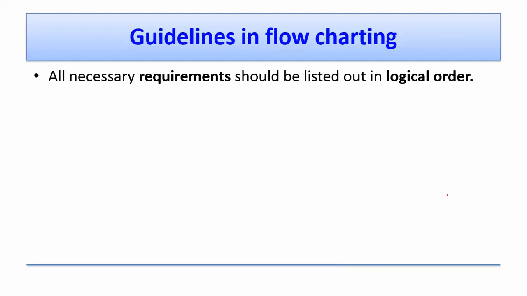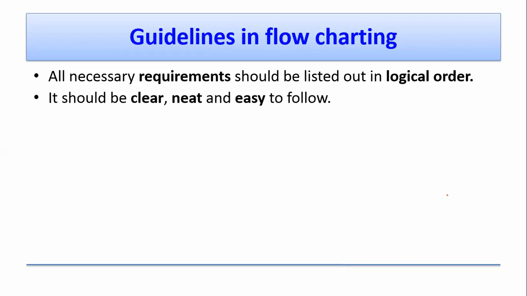In addition to finding ranking, another requirement was finding the average. Likewise, there may be some requirements. Then it should be clear, neat, and easy to follow. That requirement should be clear. That's the first thing. In our earlier case, the requirement is finding student ranking.